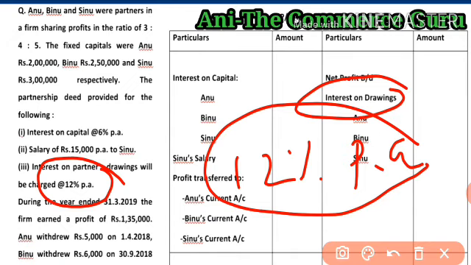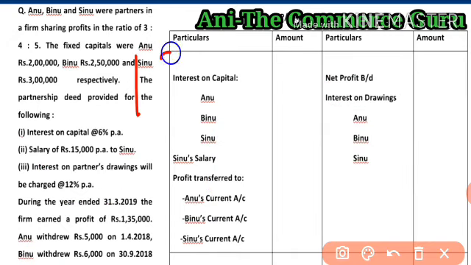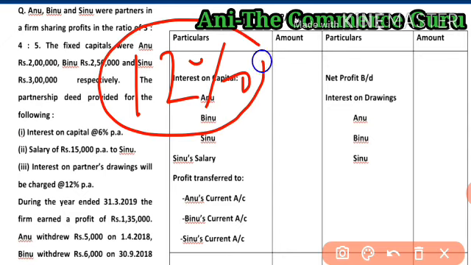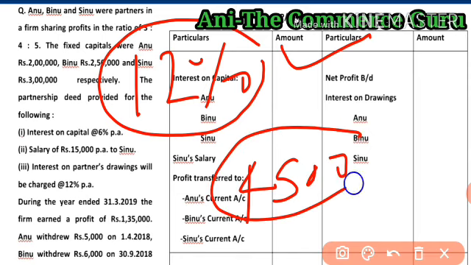Sometimes in the question, both a rate of interest on drawings and an amount of interest on drawings are given. Say, for example, a rate of interest is given as 12% and afterwards the amount of interest on drawings is also given in the question. If the amount is also given, then you need not bother about the rate.